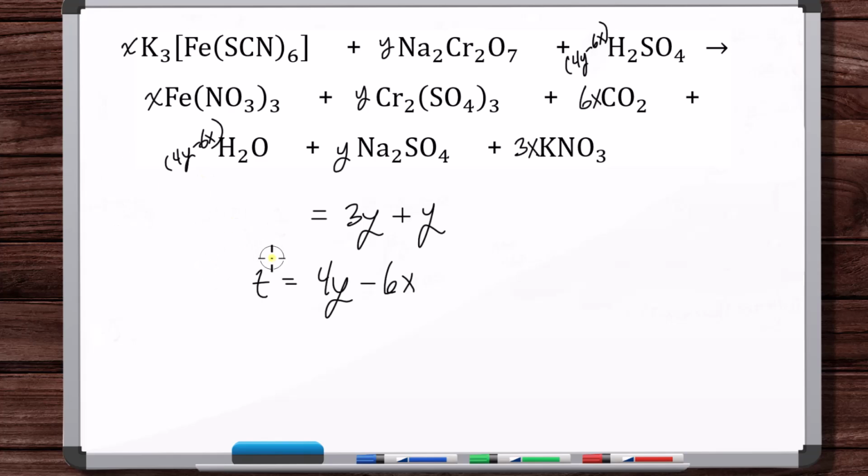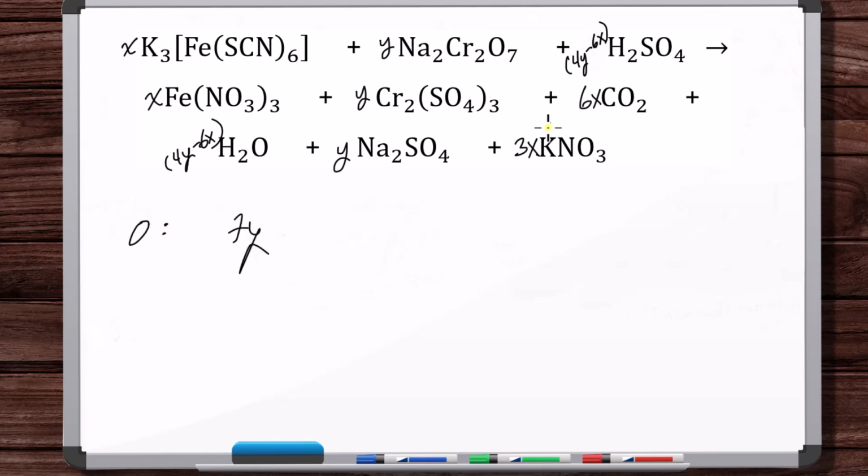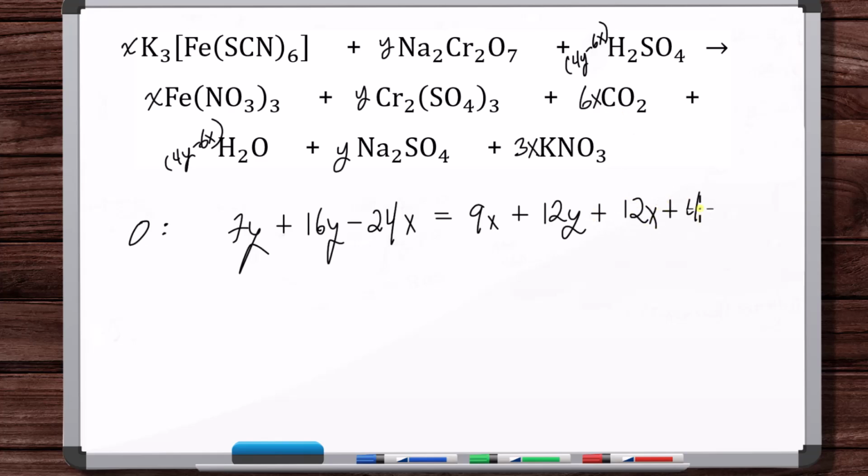Okay, now let's balance the oxygens. So we've got 7Y plus 16Y minus 24X is equal to 9X plus 12Y plus 12X plus 4Y minus 6X plus 4Y plus 9X.